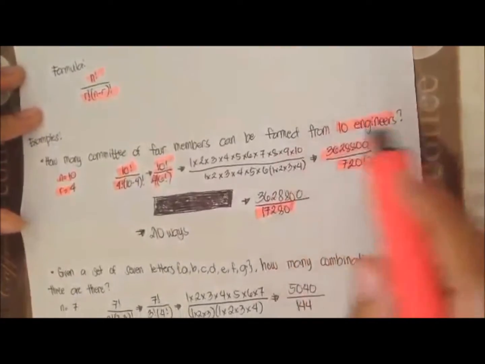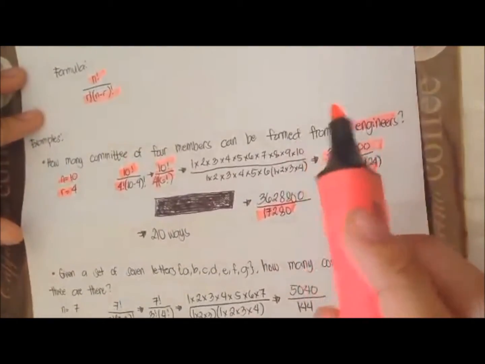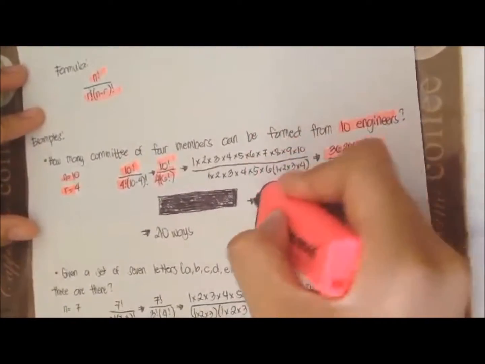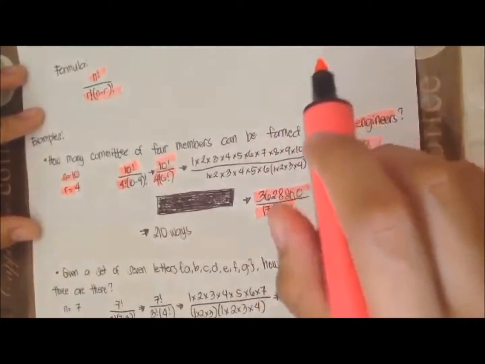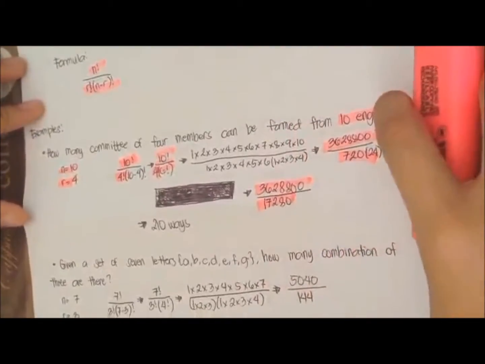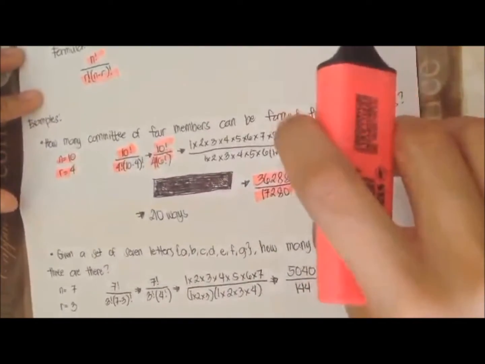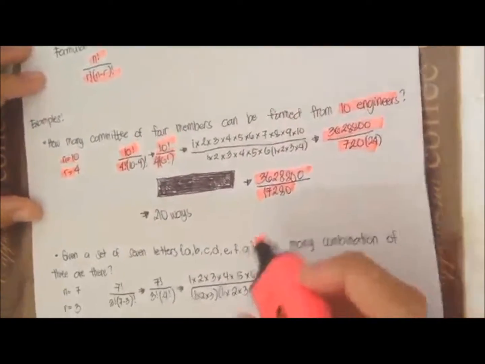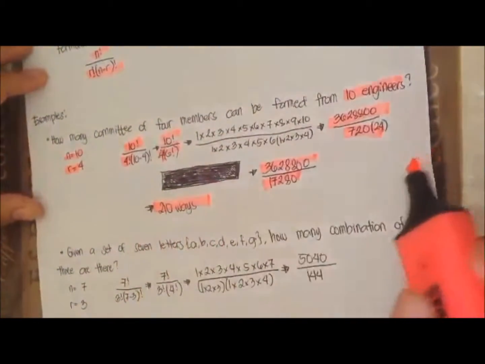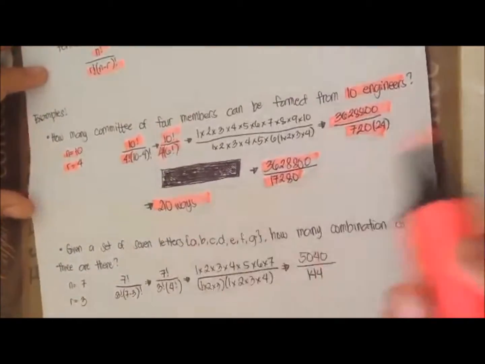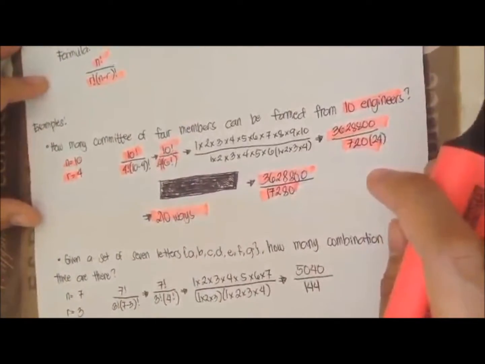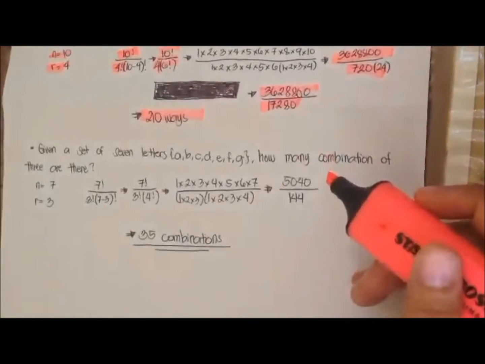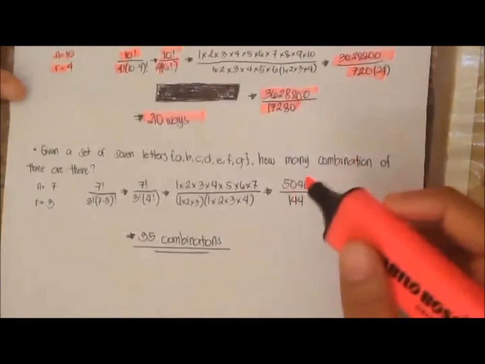So you just have to divide the numerator by the denominator: 3,628,800 divided by 17,280 is 210. Therefore, there are 210 ways that 4 members can be formed from 10 engineers. This is the second example of how to get the combination of a given problem.